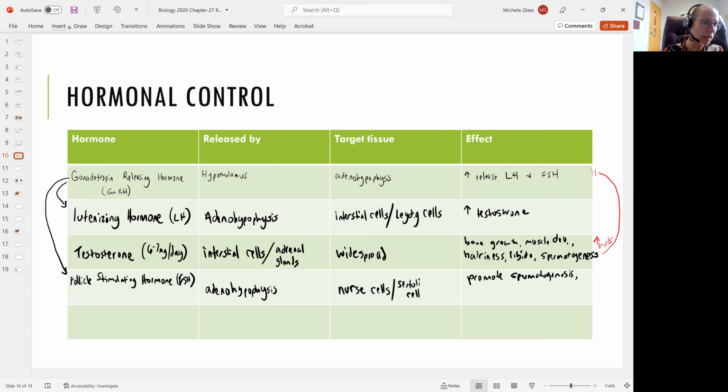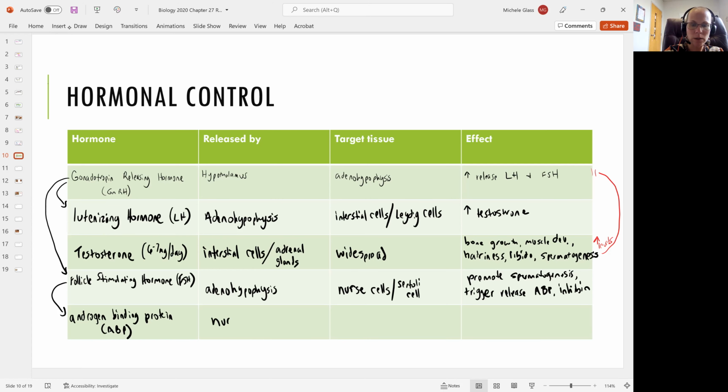We're also going to see it's going to trigger release of both androgen binding protein and inhibin. So let's go next to androgen binding protein, abbreviated ABP.